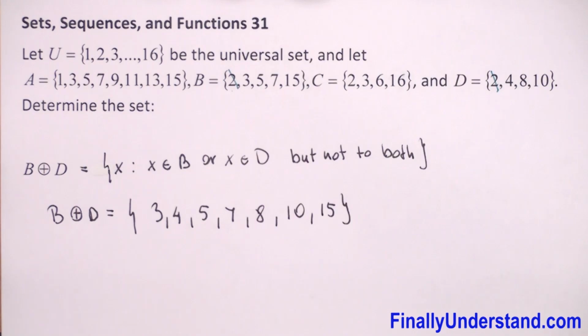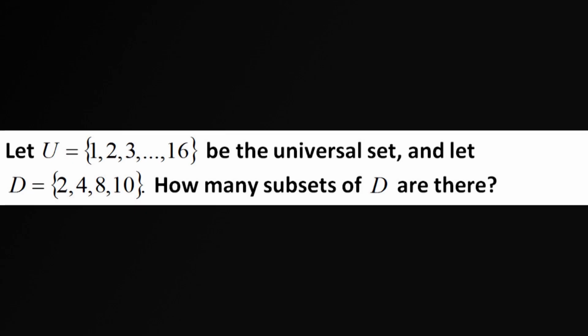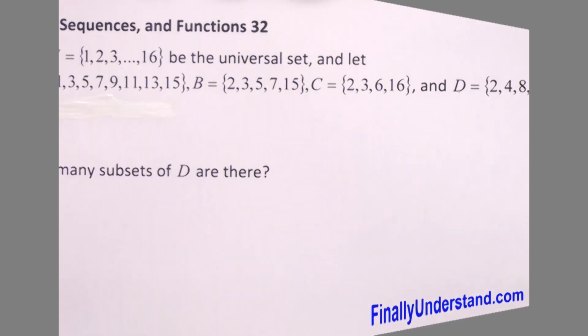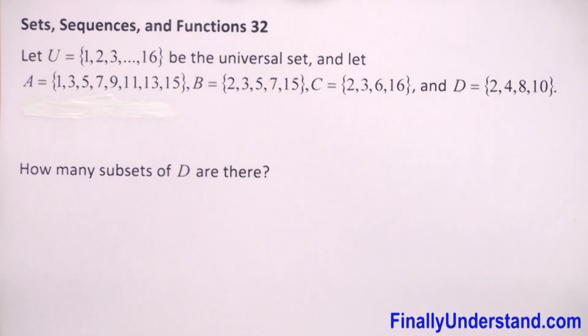This is my solution. We have given universal set U and sets A, B, C, D. In this example, we have to find how many subsets of D there are.